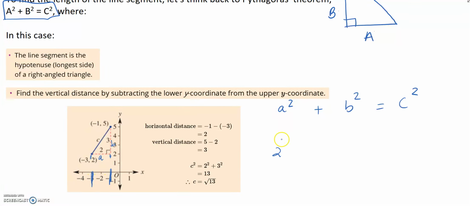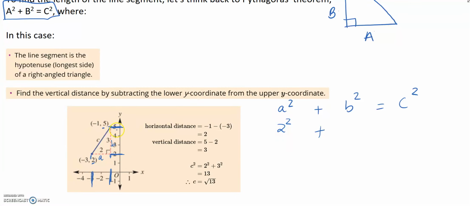Okay, so that means it's 2 squared plus, I'm just going to write this slightly further up. So a is 2, so 2 squared plus b. The distance of b would be from that point, from 2 goes up to that point, 5. It relates to our y coordinates of the 2 points, 2 to 5.